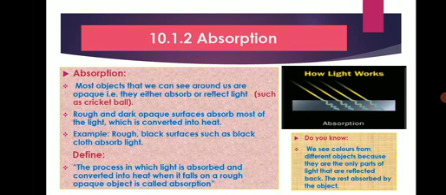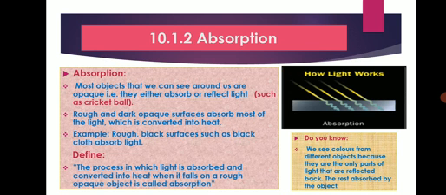Now, what is absorption? To absorb something means that most of the objects around us absorb the light. The opaque objects, which are usually solid in nature, don't allow the light to pass through them.